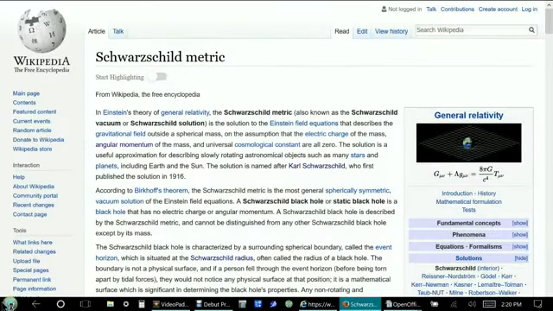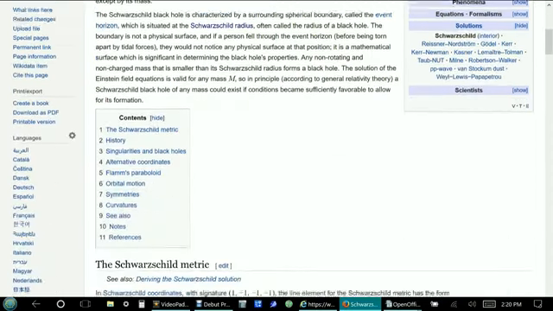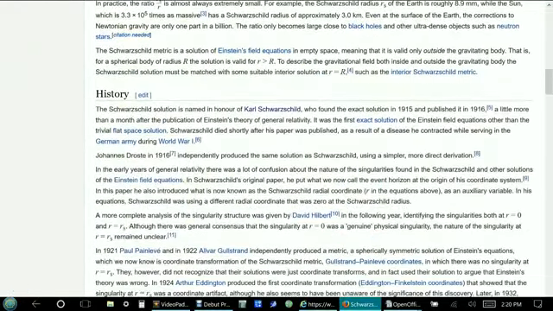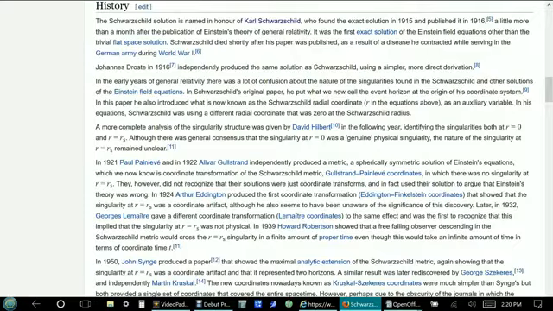So, turning to the Wikipedia page on the Schwarzschild metric, it indicates how this theory of relativity and the Schwarzschild solution kind of describe the gravitational field outside a spherical mass. So remember, it's outside a spherical mass or outside the torus or interior of the torus.